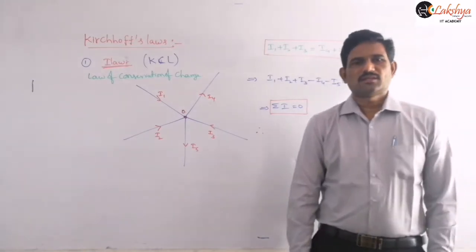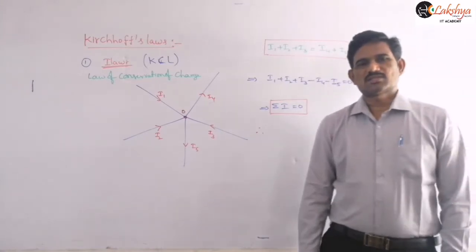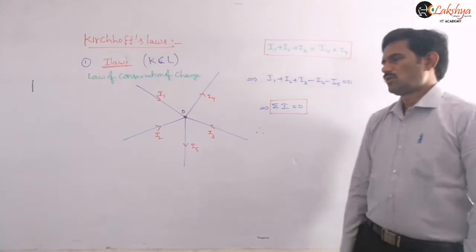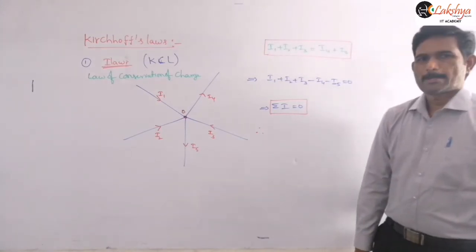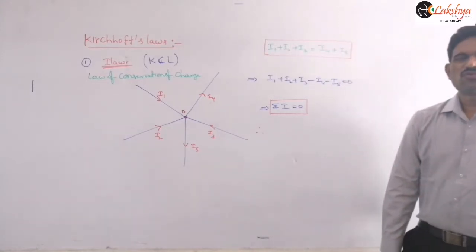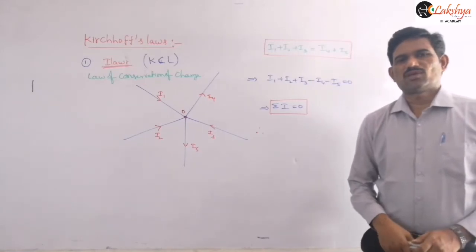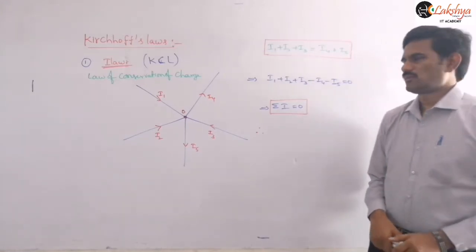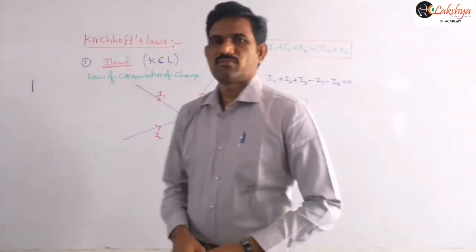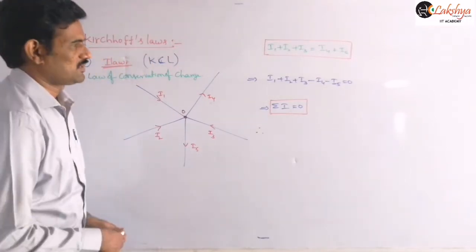While applying this statement, we should take the currents flowing into the junction as positive, and the currents flowing out of the junction are taken as negative.